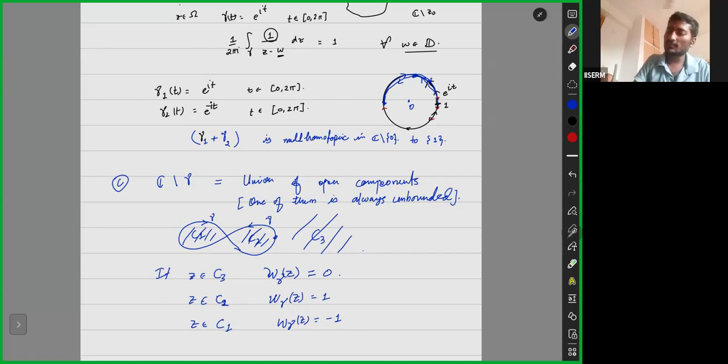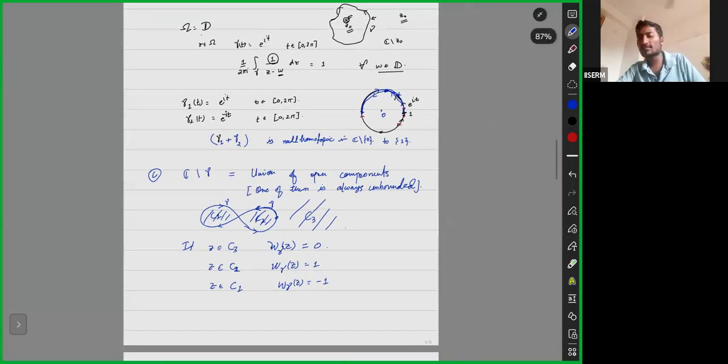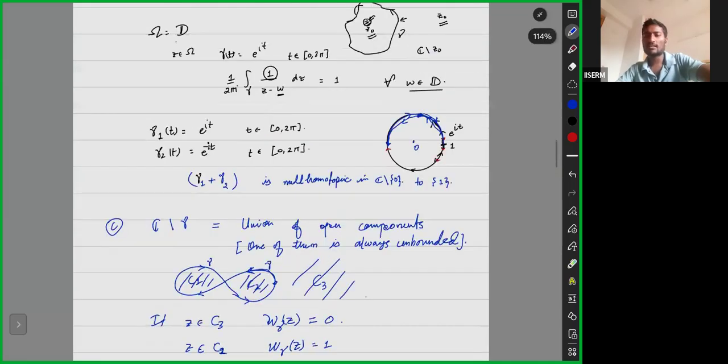Here it is going counterclockwise, which is what we usually take. And in component C1, the curve gamma is going clockwise. That changes the winding number. But it is always an integer, right?